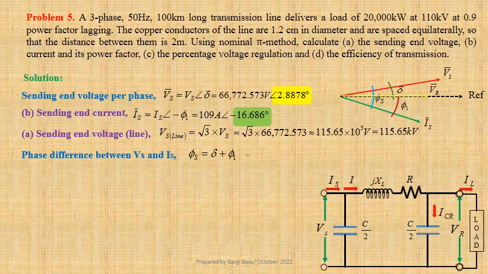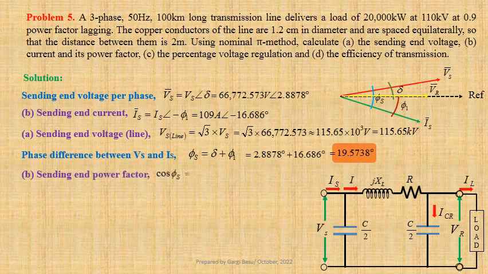Using values we get 2.8878 degree plus 16.686 degree, that gives us 19.5738 degree. Now we shall calculate sending end power factor. Cos phi s equals cos of 19.5738 degree, that is equal to 0.9422 lagging.